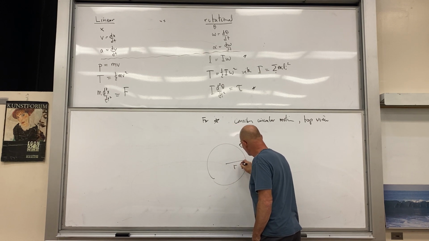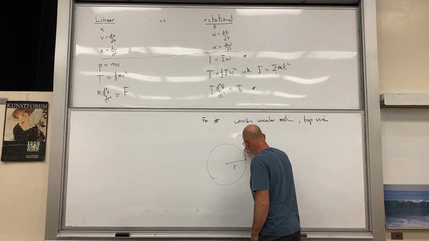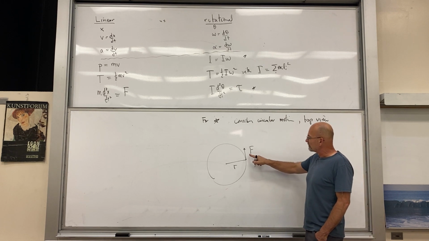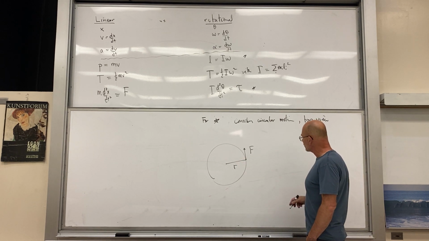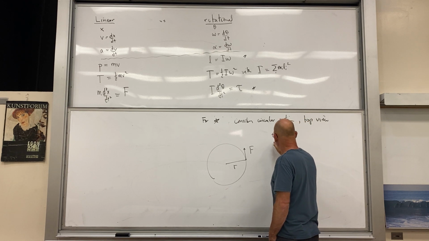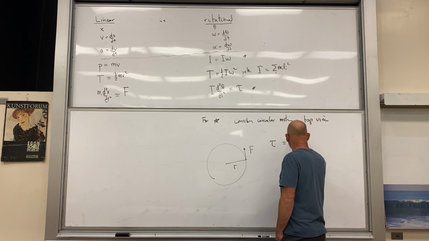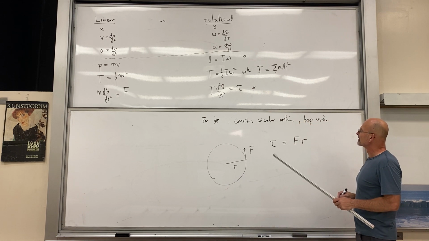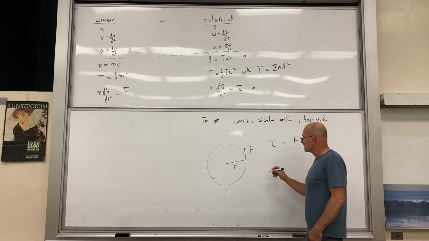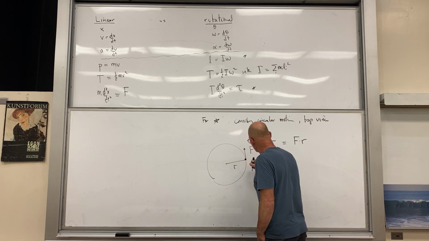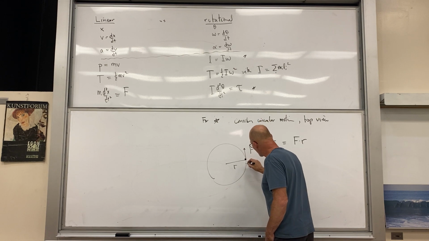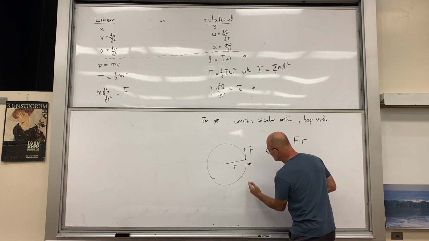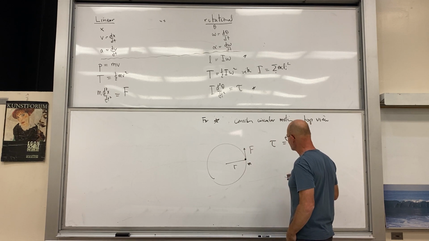We've got a distance r here, and we have a force right here. So we have F times R, which is a torque. So we have tau equals F times R. On the other hand, we've got this dot here, this mass, accelerating linearly in that direction right there.